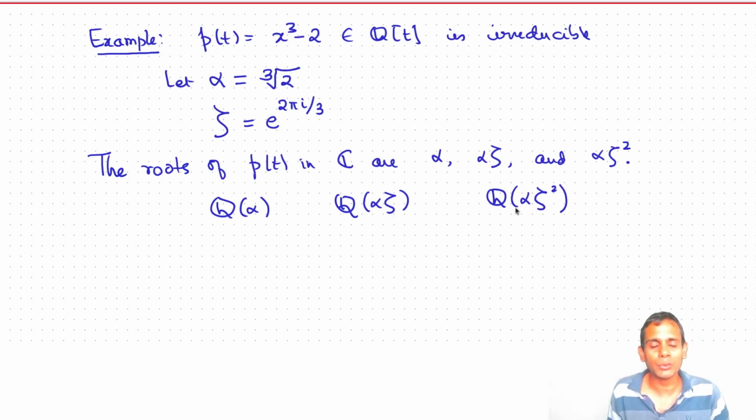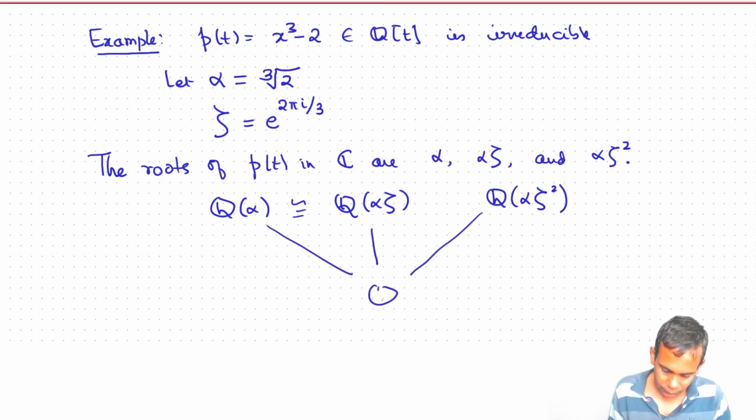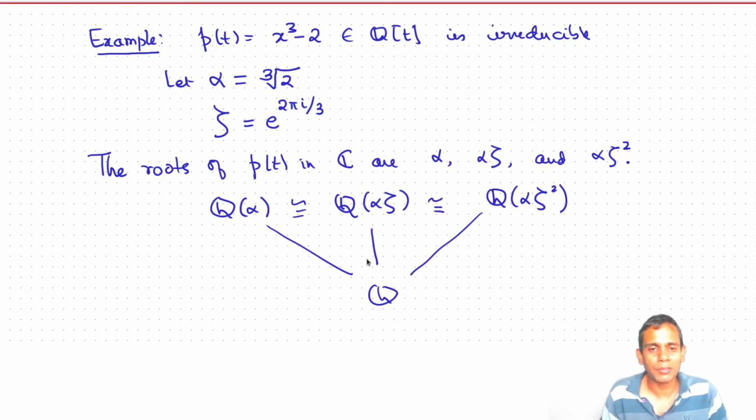X cubed minus 2 is the irreducible polynomial of all these three elements over Q, and therefore these three extensions are isomorphic over Q.